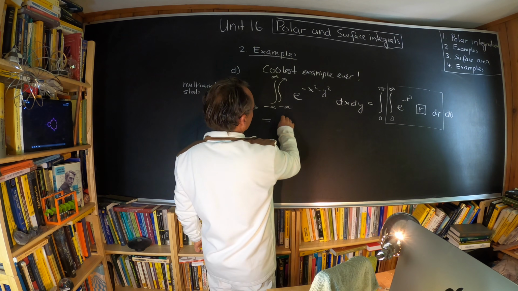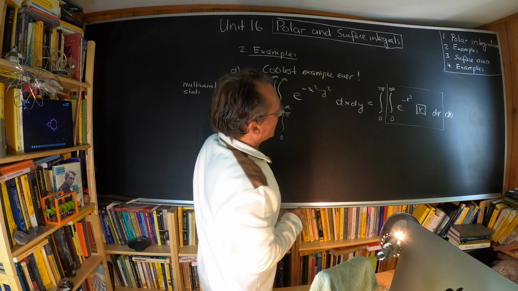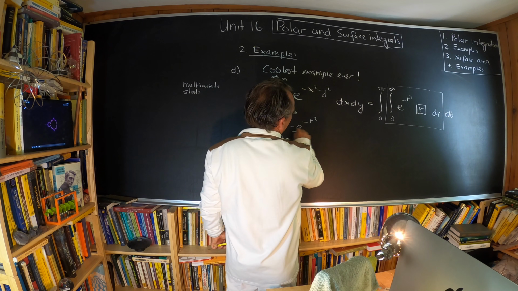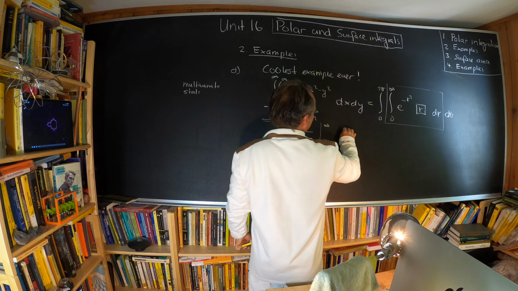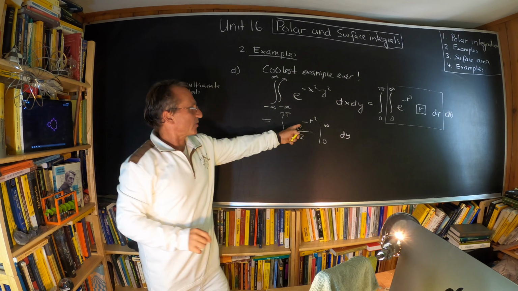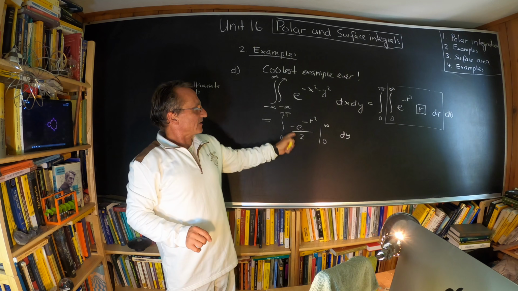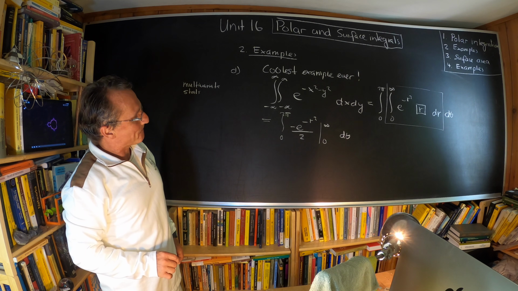So this is equal to the integral from 0 to 2 pi, and then this is just minus e to the minus r squared over 2, from 0 to infinity. Just double check: if you take the derivative, you get the minus 2r, and that cancels the 1/2, and we get the e to the minus r squared.